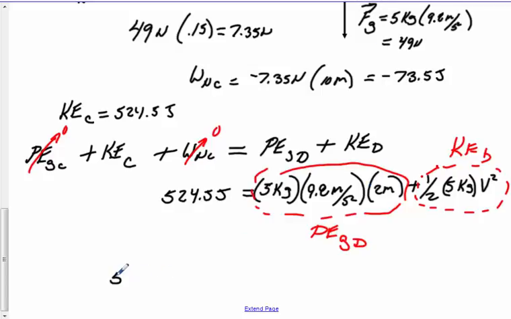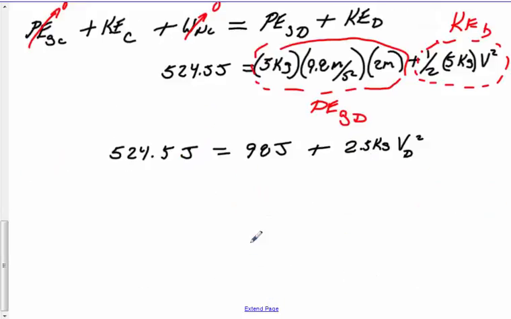So I'll rewrite this as 524.5 joules is equal to 98 joules plus 1/2 times 5, that's 2.5 kilograms, v at D squared. I will subtract 98 from that. 524.5 minus 98, and I get 426.5.